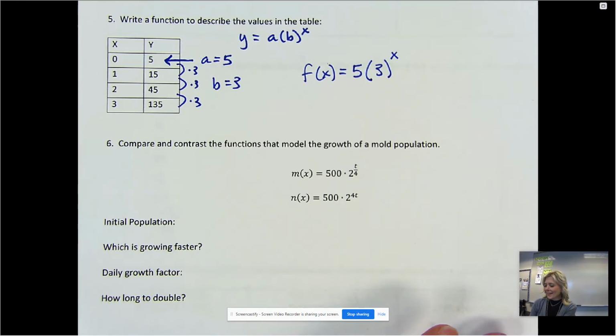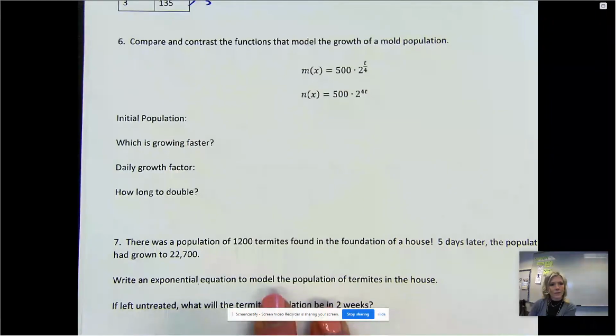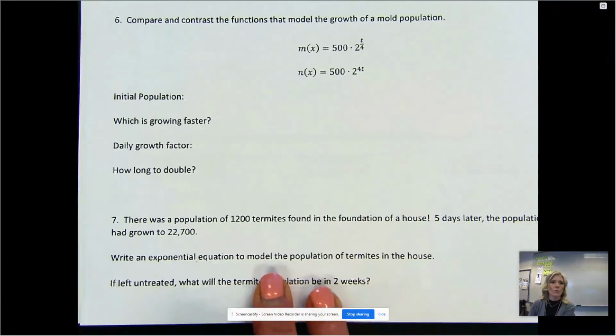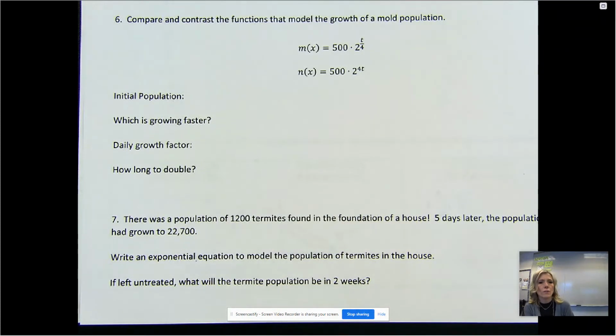All right. And then we have some story problems. Compare and contrast the functions that model the growth of a mold population. I gave you some specific things to talk about. So for the first population, m of x equals 500 times 2 to the t over 4.